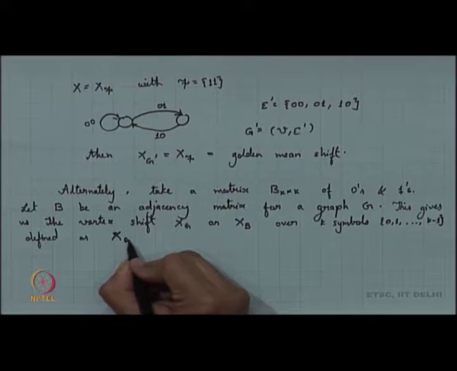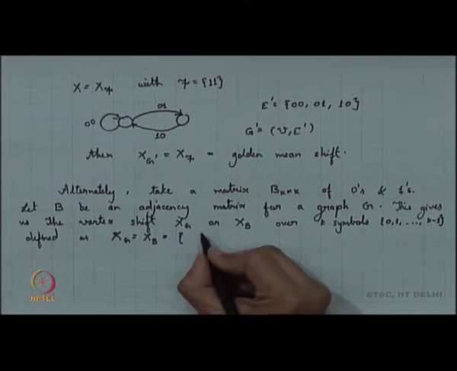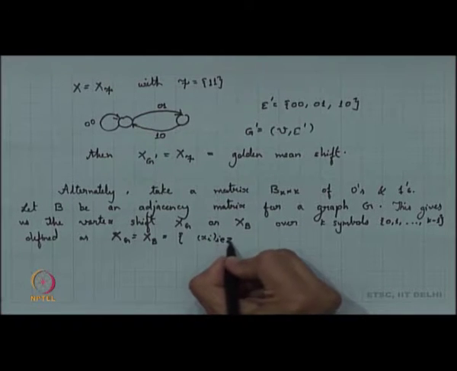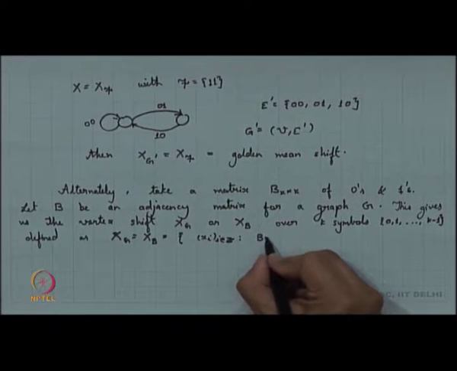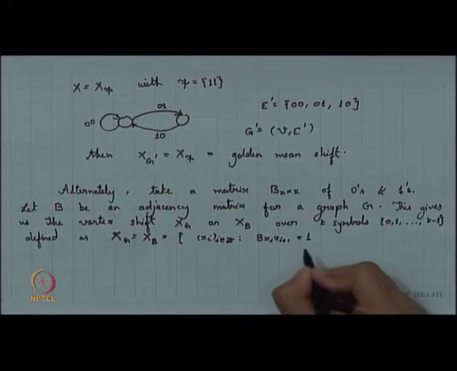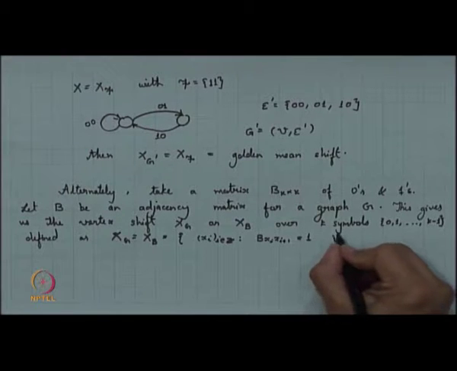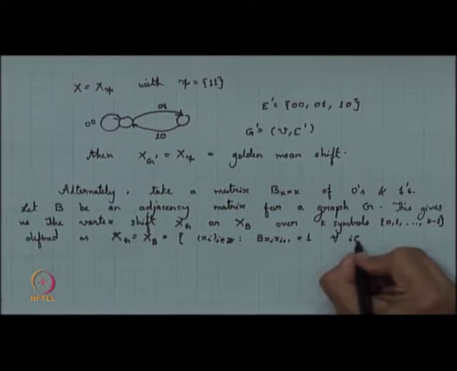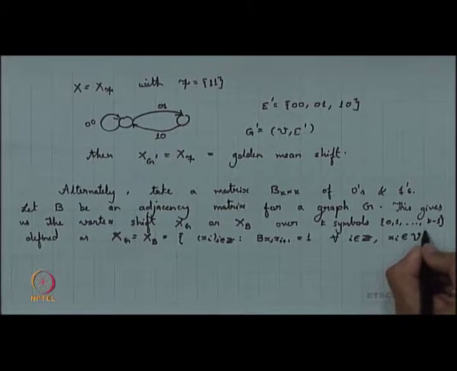So we have X_G equal to X_B. This is basically the set of sequences (x_i), i in Z, such that B of x_i, x_{i+1} is 1. If it is 1, this is permissible for every i belonging to Z, and the x_i's belong to the vertex set.